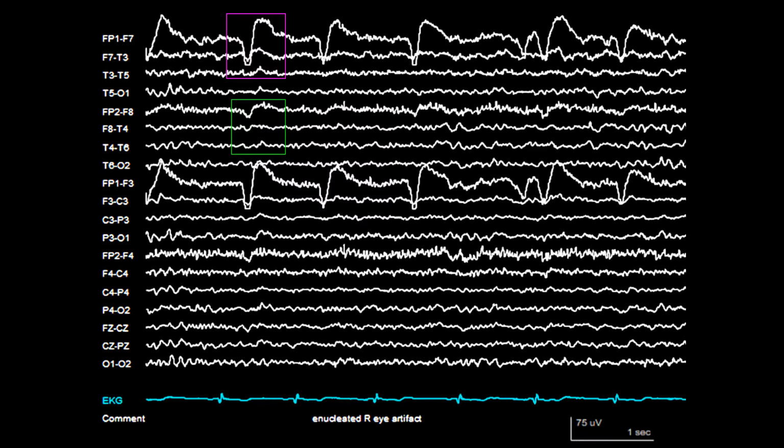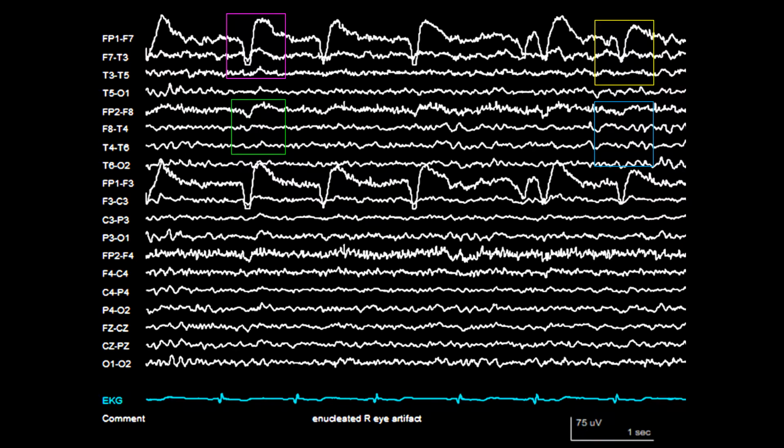As you can see, there is a small deviation in the same direction in the channels, reflecting the movement of the enucleated eye, as in the channel with the normal eye. Yet the blink artifact in the normal eye is larger than in the enucleated eye in this sample.